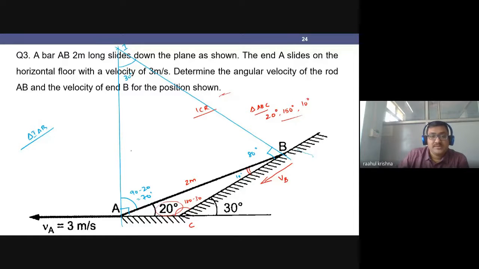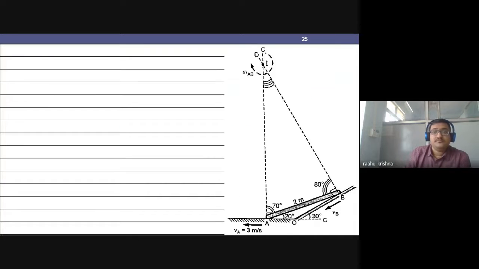Now for triangle IAB, I have all three angles and I have one side. So can I not use the sine rule? I can use the sine rule and find out the lengths IA and IB. So will you do that and give me the lengths IA and IB quickly? So this is 80 degrees.